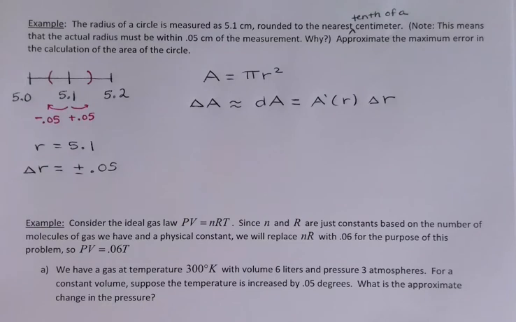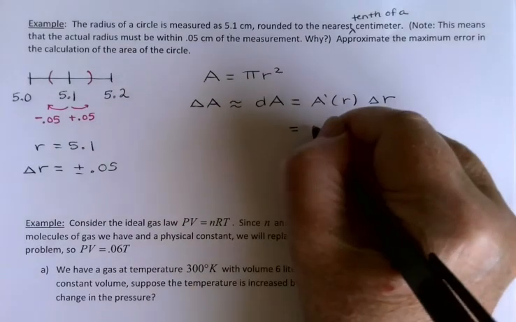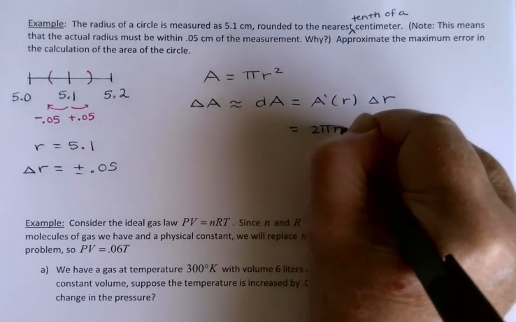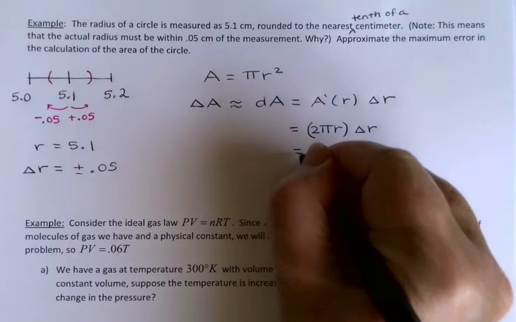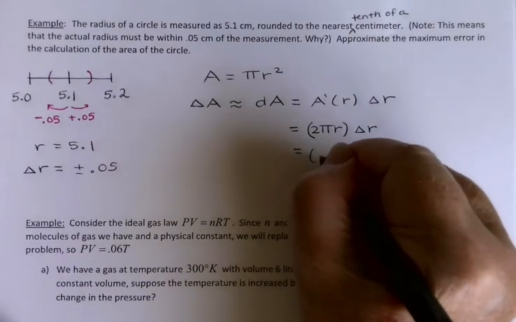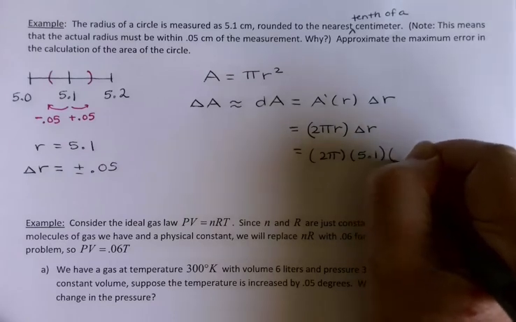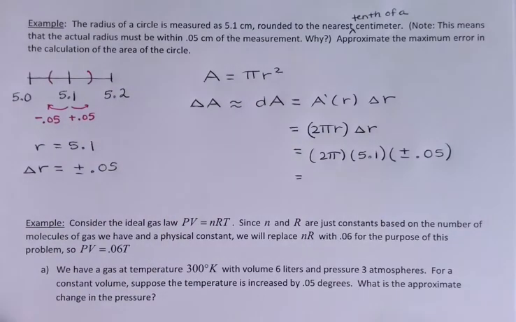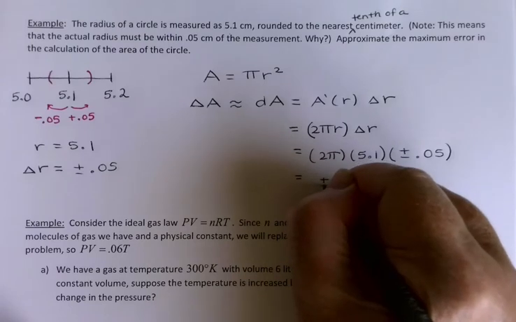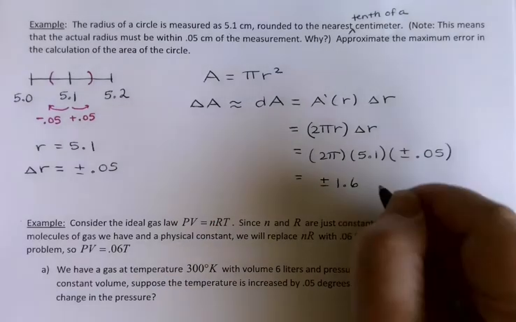So again, same thing, just adapted for my variables. So let's see, A prime, that would be 2 pi r times delta r. And then I'll just plug in my values. 2 pi times 5.1 for r times plus or minus 0.05 for delta r. And let's see, I did that one. It gave me plus or minus 1.6. Now that's an area, so that would be square centimeters.